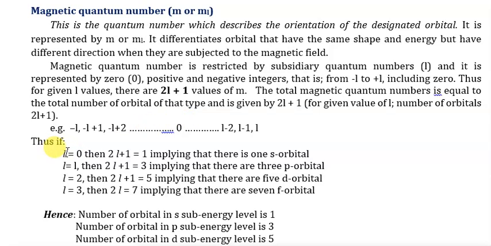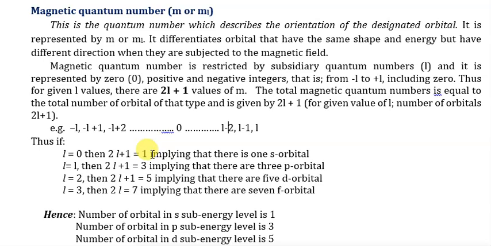Kwa hiyo kama L is equal to 0, then 2L plus 1 itakuwa ni 1. Kwa hiyo kwenye L is equal to 0, kumbuka L is equal to 0 manake principal quantum number n hapo ilikuwa ngapi? N ilikuwa 1. L is equal to 0 manake ni shell ya kwanza hiyo.